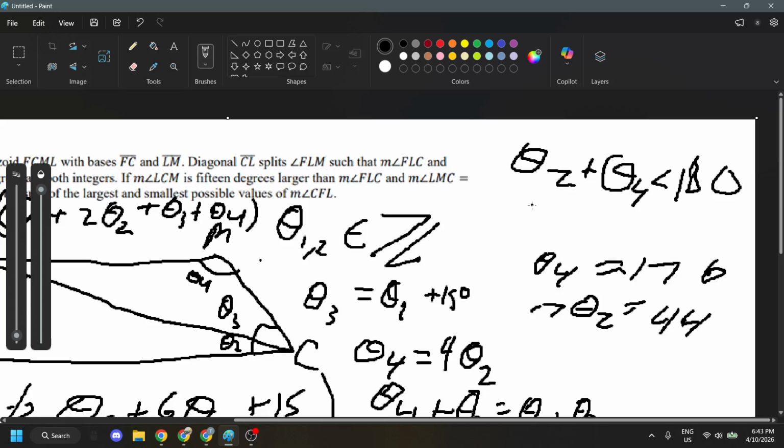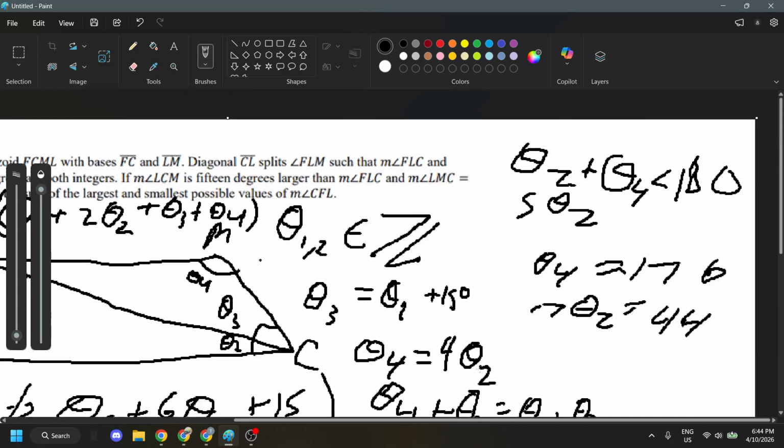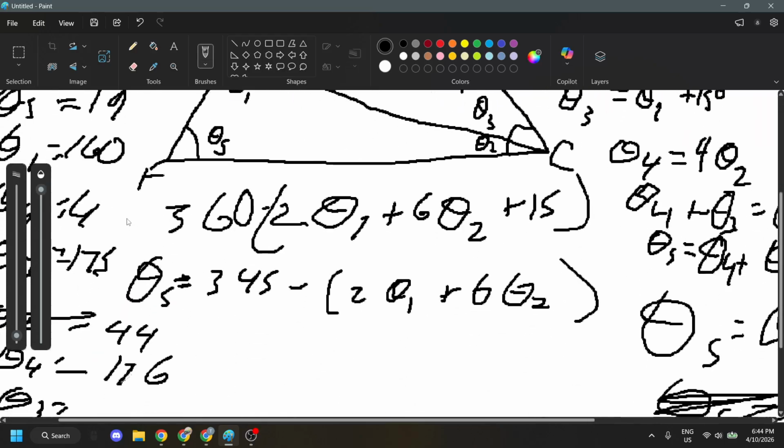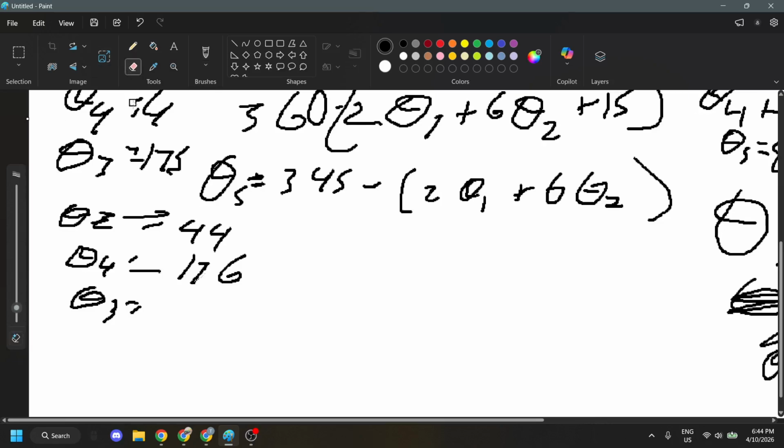So if we decrease, oh, so then this is just 5 theta 2. So we're going to say it's equal to 175. 175 is 20 plus 15, which is 35.